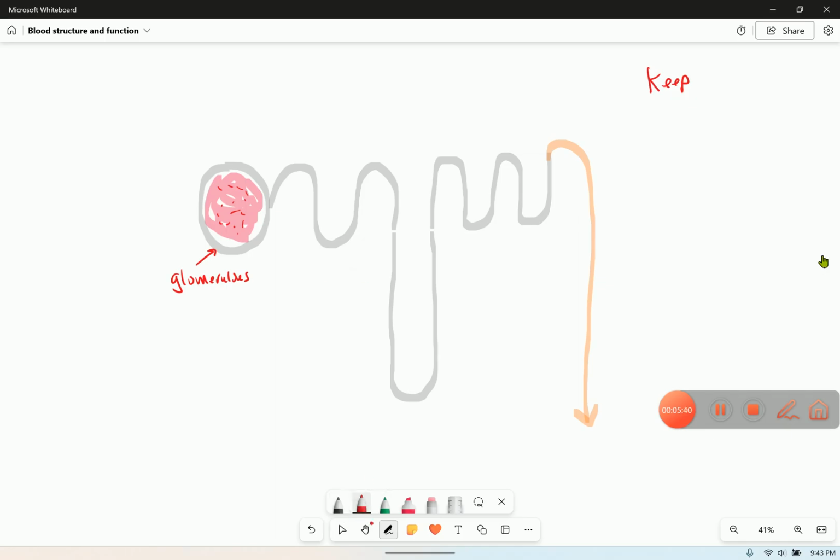Here is your proximal convoluted tubule, loop of Henle, or nephron loop, the distal convoluted tubule, and collecting duct.